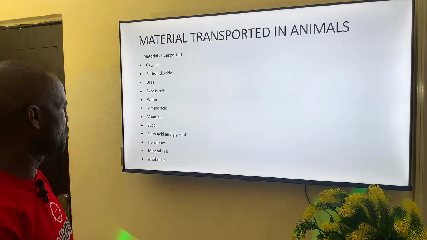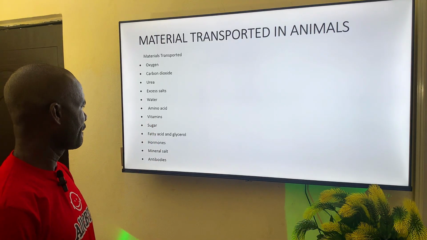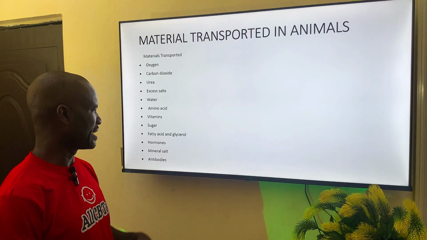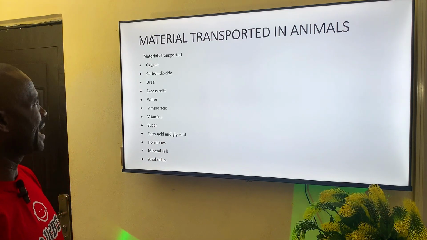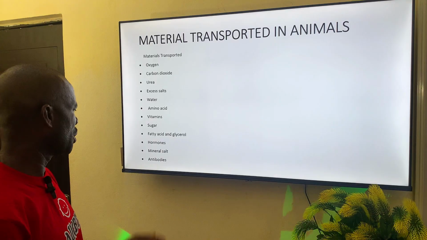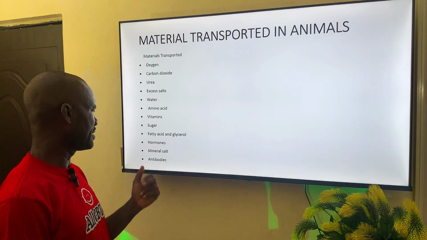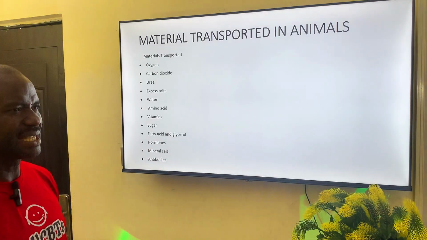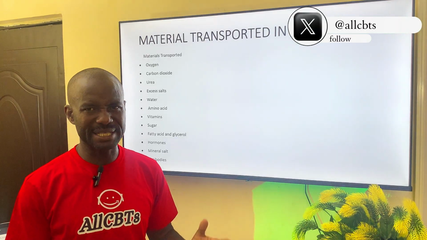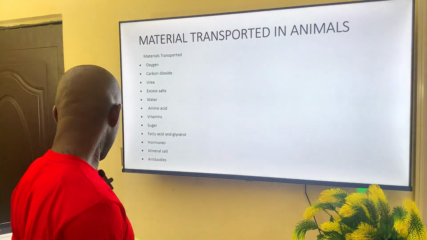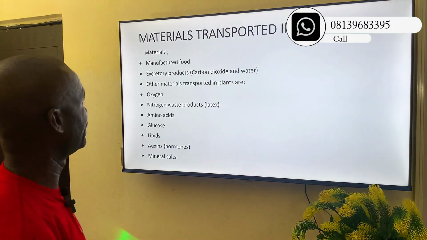Then vitamins too, sugar, fatty acid, and glycerol. All these are materials that need to be moved from one point to the other. Even hormones, mineral salt, and then antibodies. These are materials that need to be moved from one point to the other.